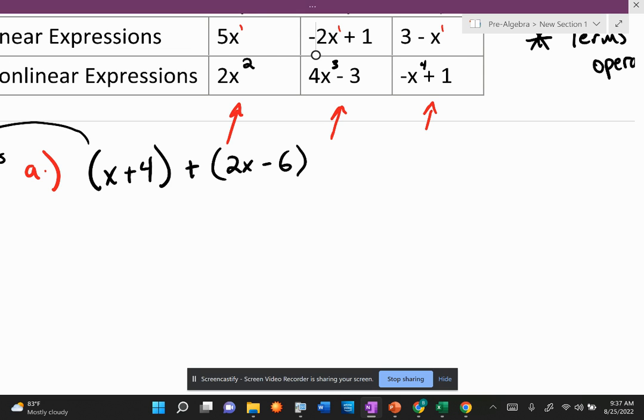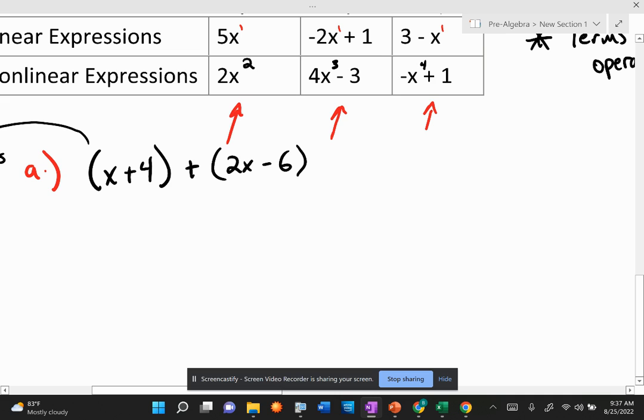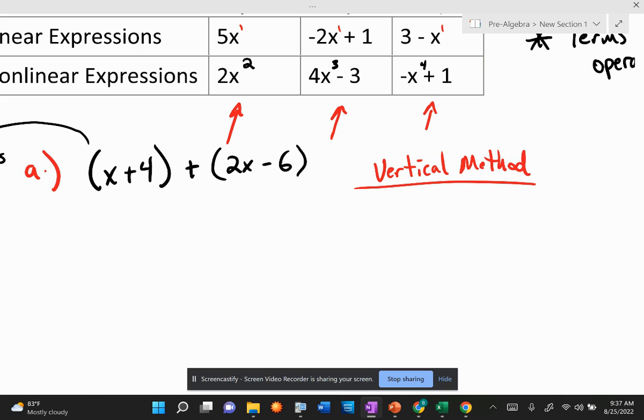Okay, so we're going to talk about the vertical method first. The vertical method is where you're going to align the terms vertically and add.